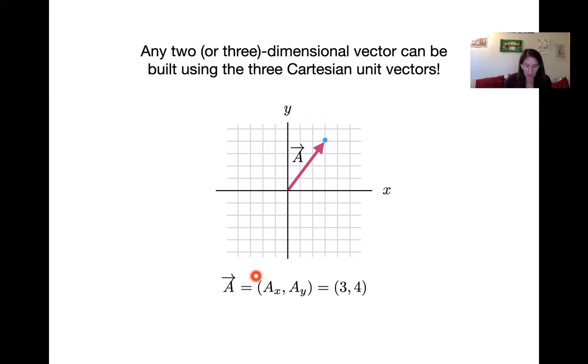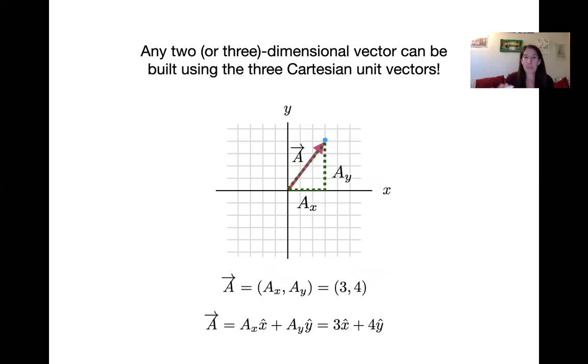So I could define this vector by the point on this grid, which would be 3, 4, right? Because we've gone 3 over and then up 4. 3 over and up 4. And what we'll see is these are known as the components of a vector. So 3, 4 are the x and y components of this vector.